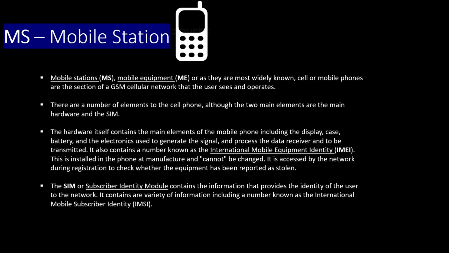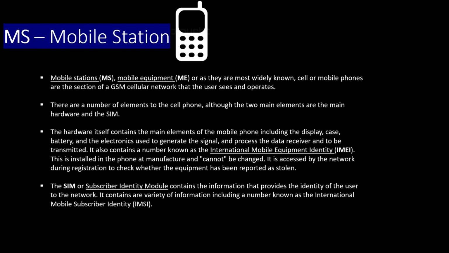It also contains a number known as the International Mobile Equipment Identity (IMEI). This is installed in the phone at manufacture and cannot be changed. It is accessed by the network during registration to check whether the equipment has been reported as stolen.